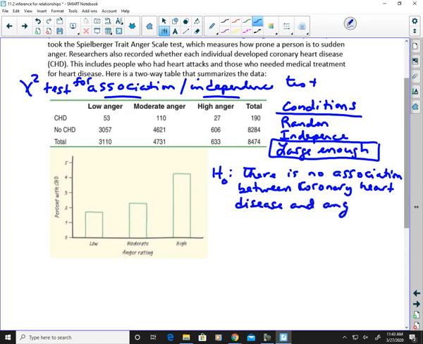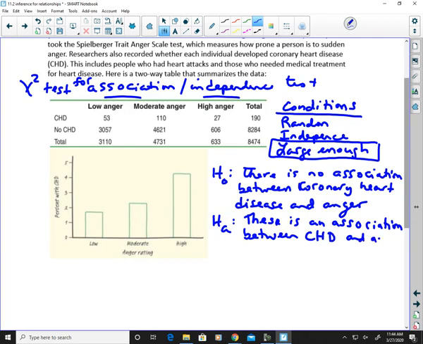I wonder if there is. And then our alternative would be there is an association, meaning that it's not independent between coronary heart disease and anger.